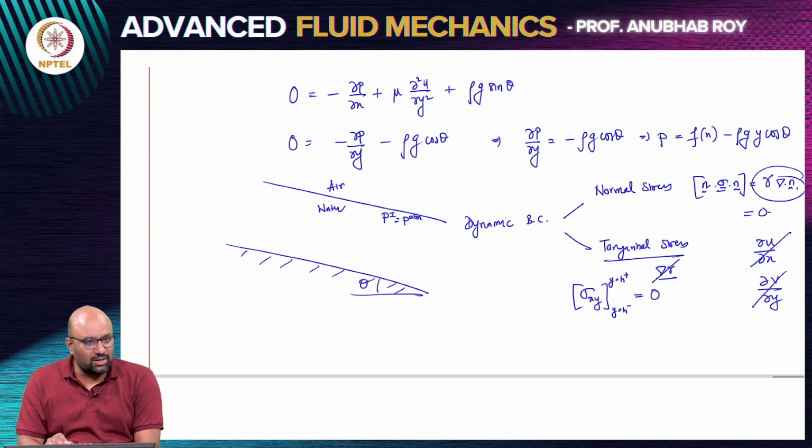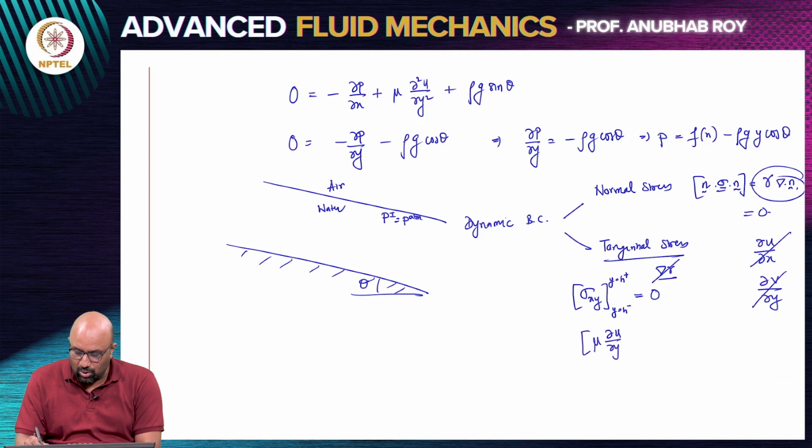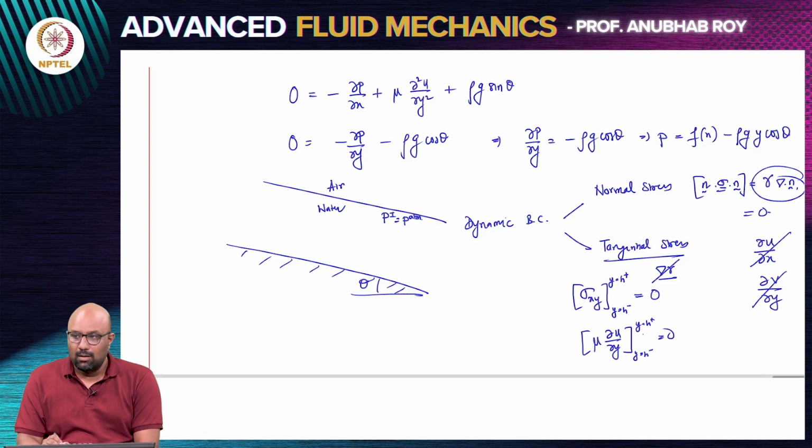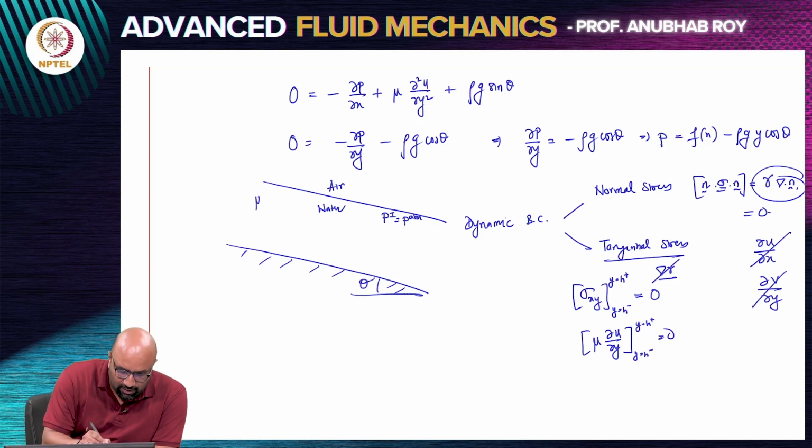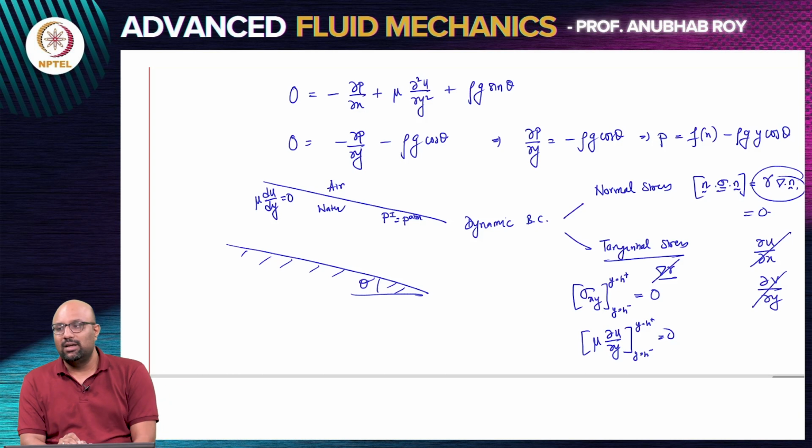But then you know that the shear stress is in this case related to mu dou u dou y. But the viscosity mu between air and water is a ratio of 100. So, we are going to treat the air as passive and the boundary condition that we will apply is mu du dy equal to 0 at the interface.